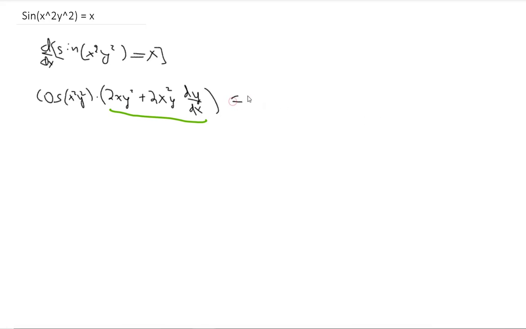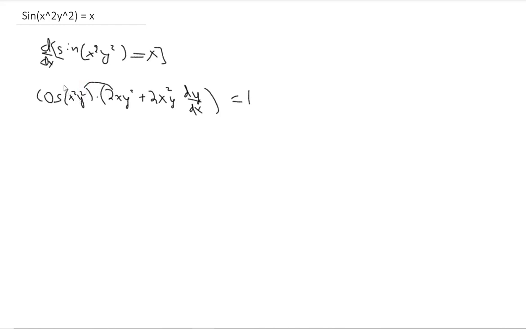Well, the derivative of x is just 1. Okay. So now at this point, we've taken the derivative. No more. We're done with calculus. The rest of this is just algebra now. And so now we need to solve for dy/dx to figure out what the derivative actually is. And so we're going to multiply this in. So we know cosine is multiplied by everything.